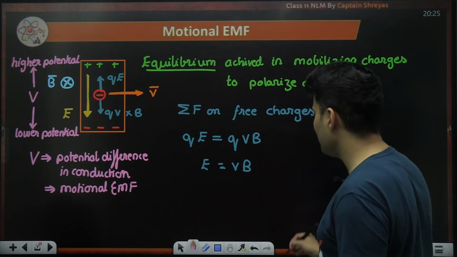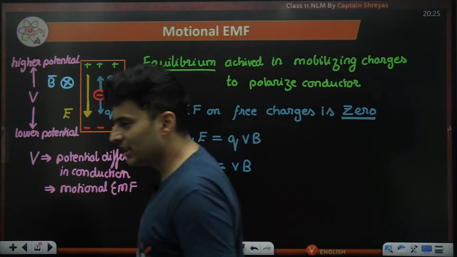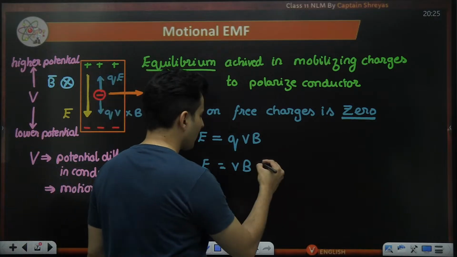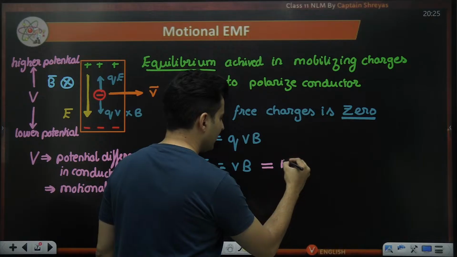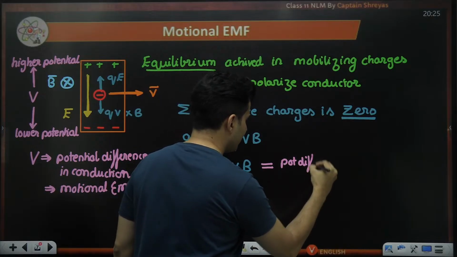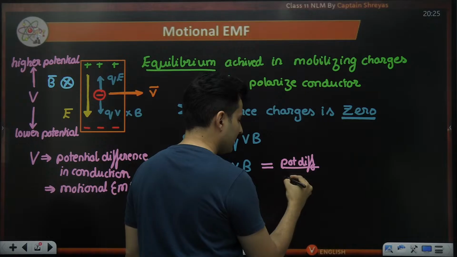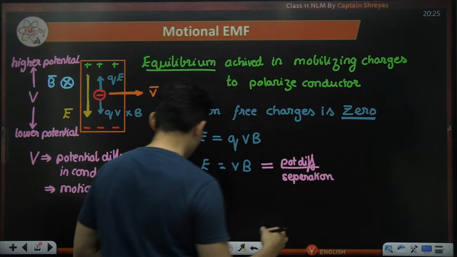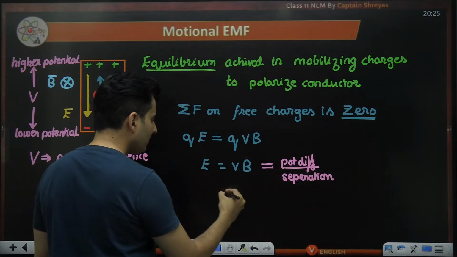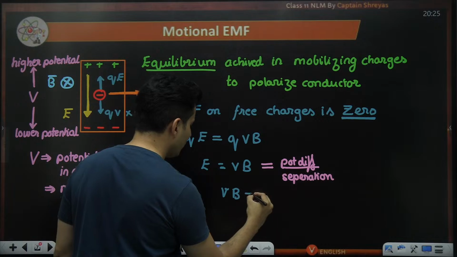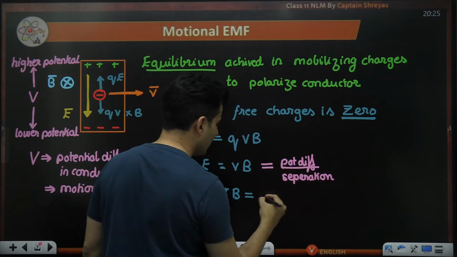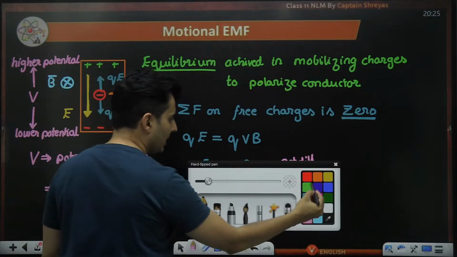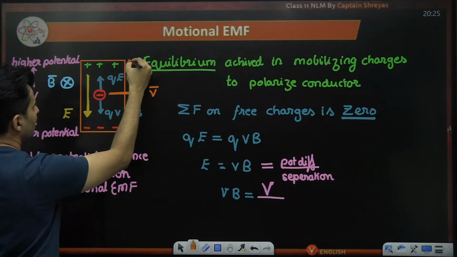I'm interested. Not an issue. Voltage and electric field are related by the following equation. Electric field is nothing but potential difference per unit distance or separation. So can I not say that this particular V into B is nothing but the potential difference, which itself is capital V. And the separation is basically the length of this particular conductor.